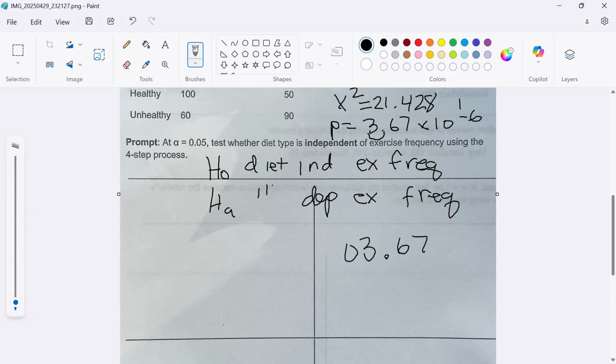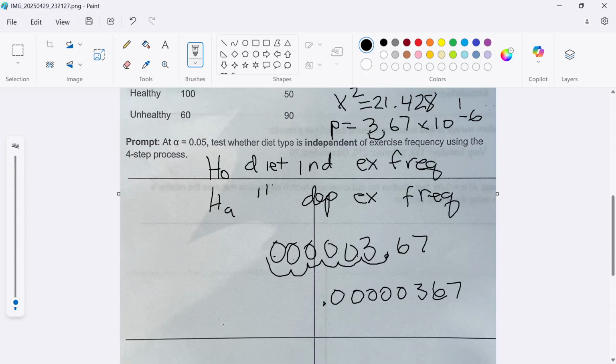I need some zeros in front of that. I go 1, 2, 3, 4, 5, 5 zeros in front of the 3. So 0.0000367, whatever comes after that. So that's a teeny tiny number.